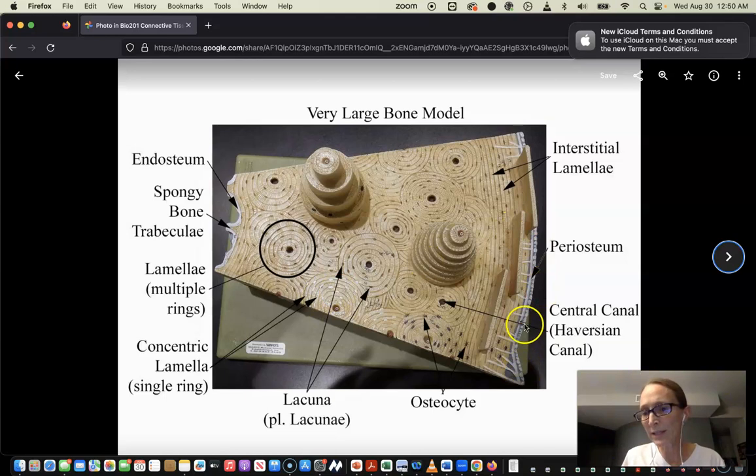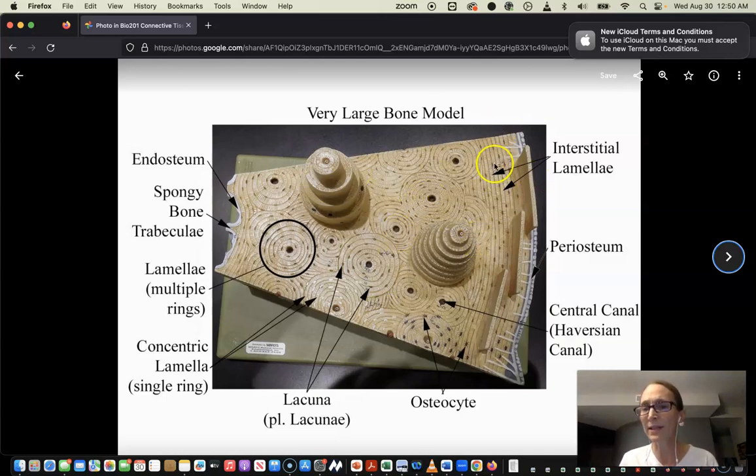And so here you can see on the very outside of that bone, surrounding that bone, is going to be the periosteum. And then here you're going to have, we haven't talked about this term yet, and this is why I wanted to make sure we did bone models, what are called the interstitial lamellae. So these are going to be your rings of matrix here that are between the periosteum and then the osteons here.